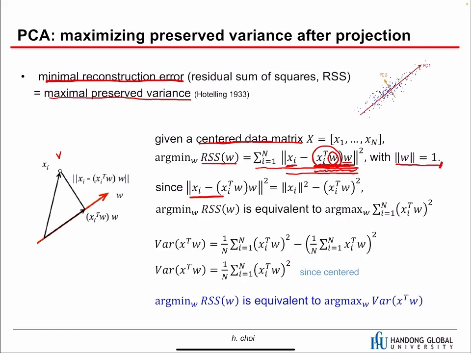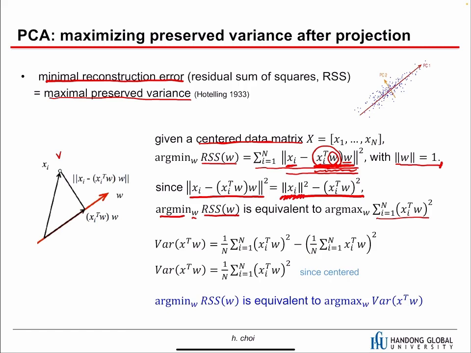Okay, then when we rewrite this reconstruction error, we get this term. So it's a simple derivation. And then argmin with respect to w of this reconstruction error is equivalent to argmax of this one, because this one is fixed.